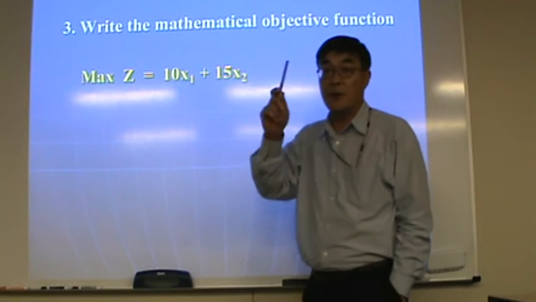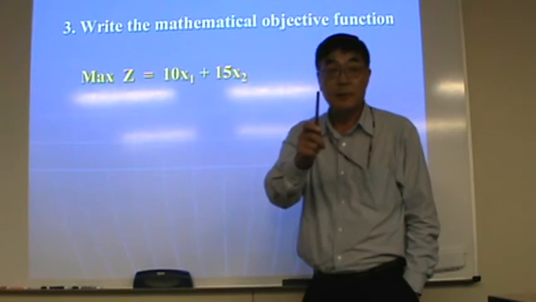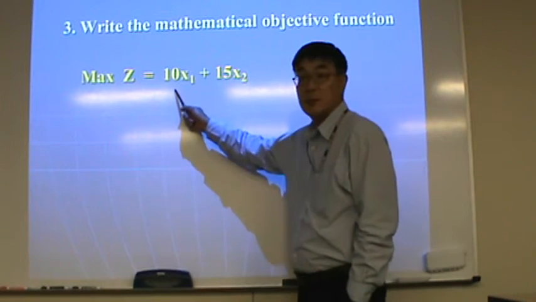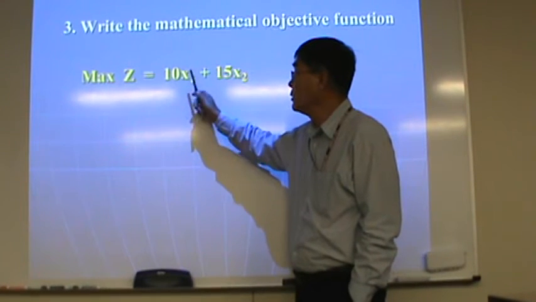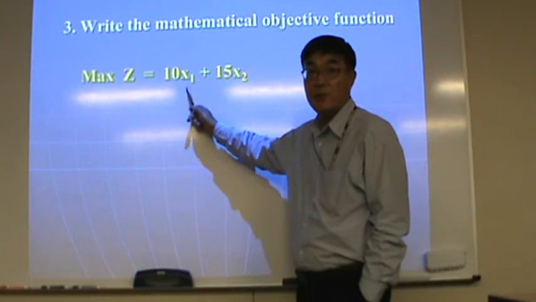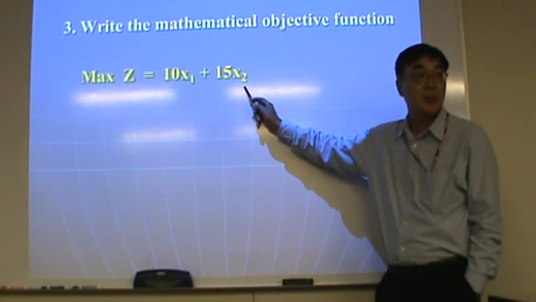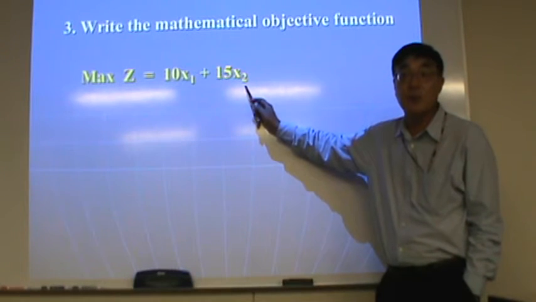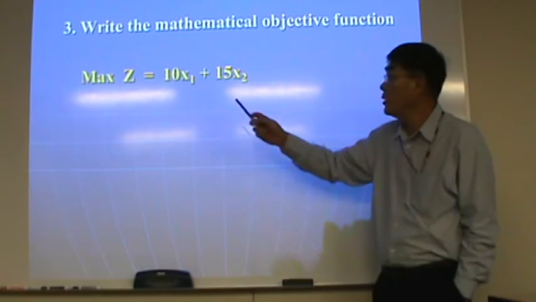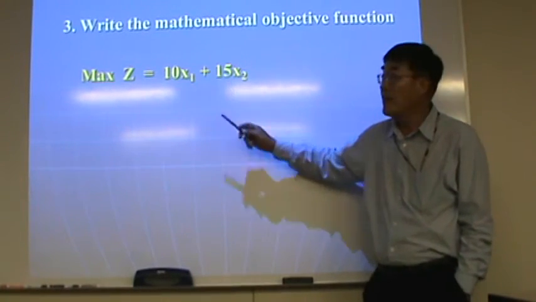Produce one deluxe frame, then profit is $10. X2 is professional frame. Produce one and sell, $15 profit.